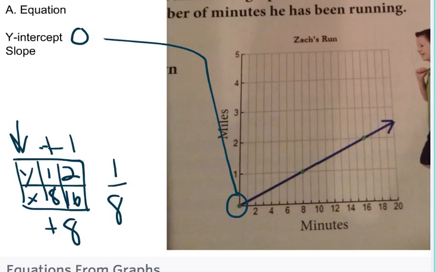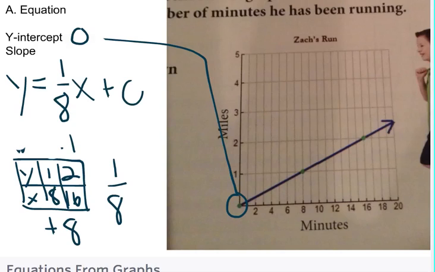is y equals the slope times x plus the y-intercept. See if you can write that before I get this erased and have room to write it. So y equals 1/8 x plus 0, but we don't really need to write the plus 0.